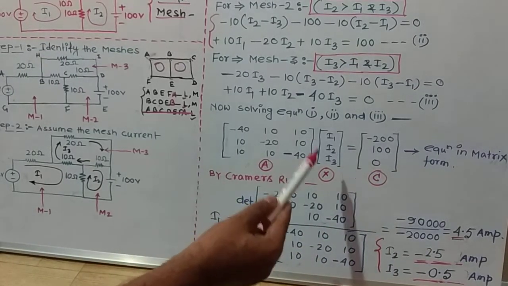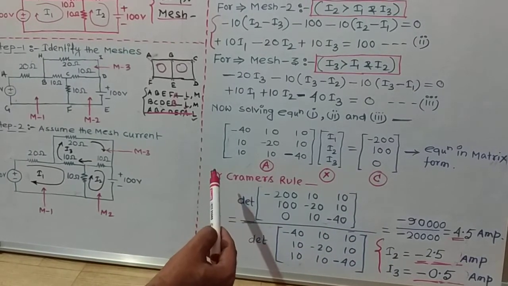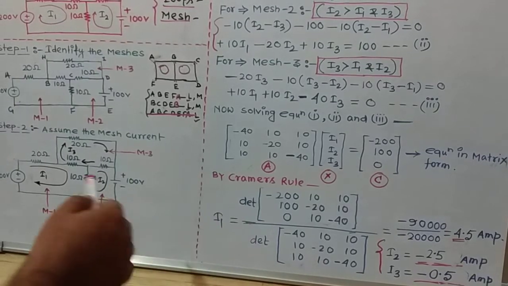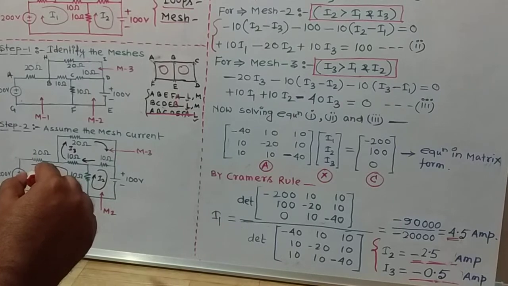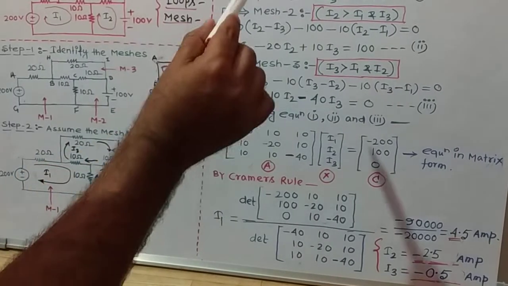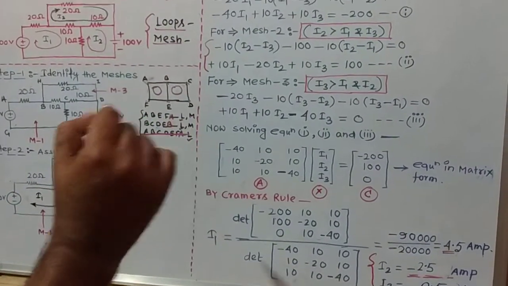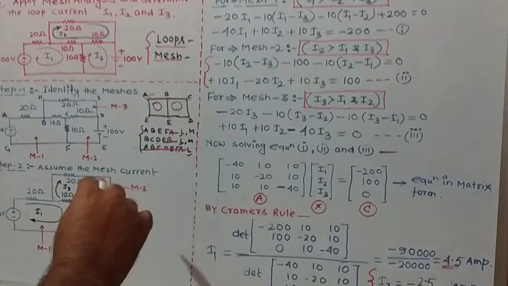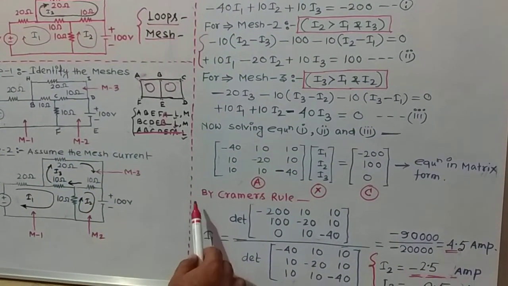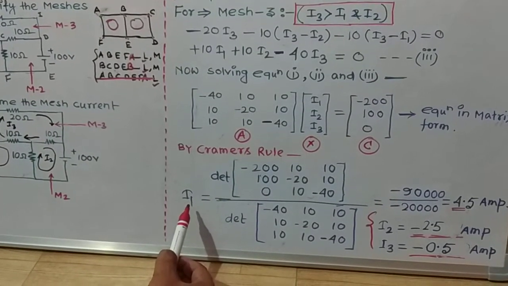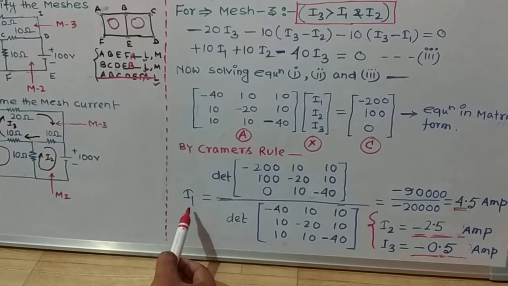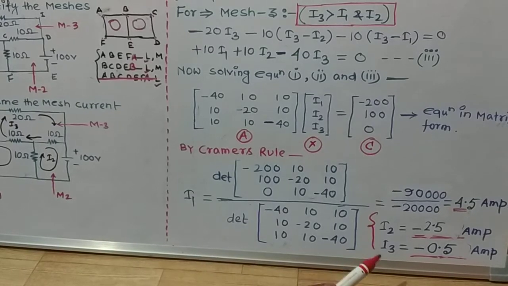Now for solving purposes, you can solve for I1, I2, I3, that is the mesh currents, in different ways. You can directly put equations 1, 2 and 3 in your calculator to get the answer. Otherwise you can apply Cramer's rule. I have applied Cramer's rule here to determine I1, I2 and I3.